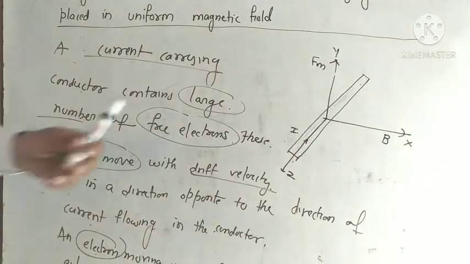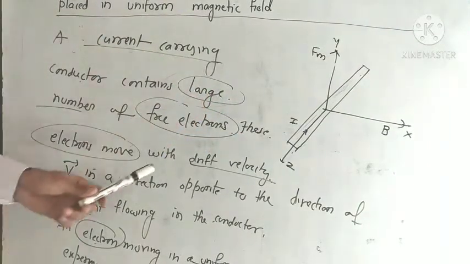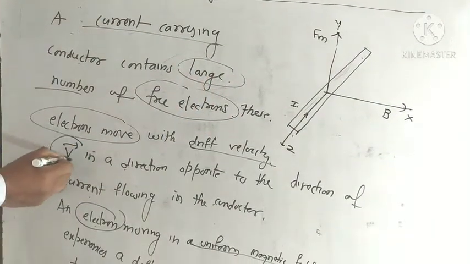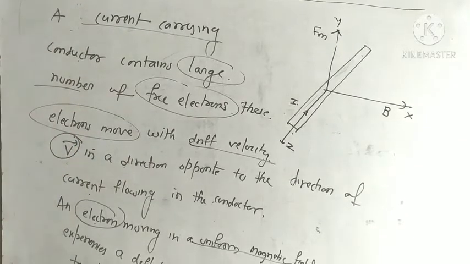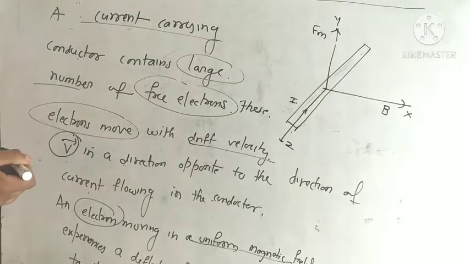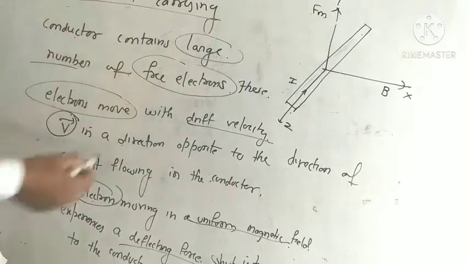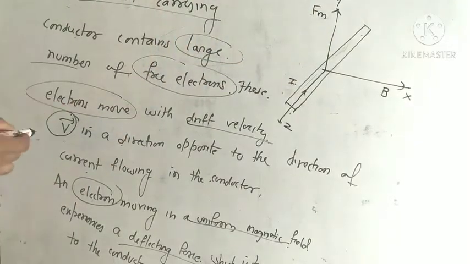A current carrying conductor contains a large number of free electrons, and these electrons move with drift velocity v in a direction opposite to the direction of current flowing in the conductor. So an electron moving in a uniform magnetic field experiences a deflecting force due to this magnetic field, which is transmitted to the conductor.